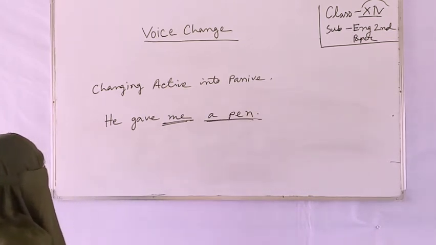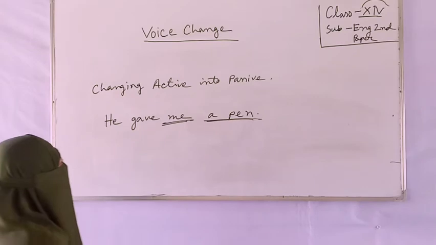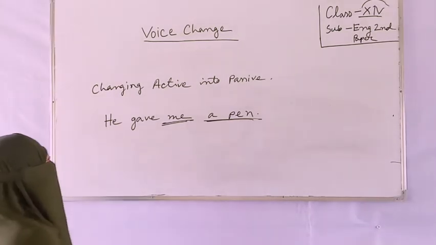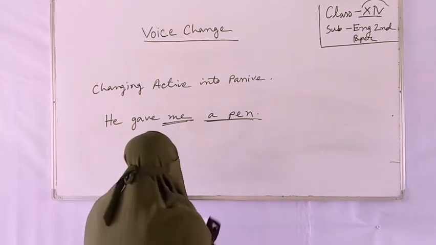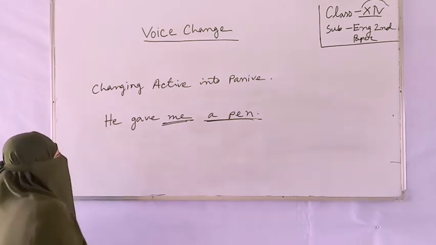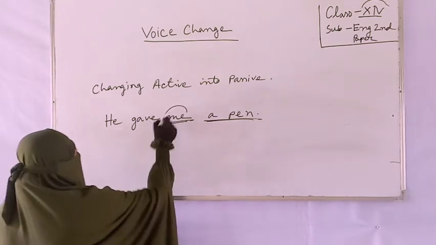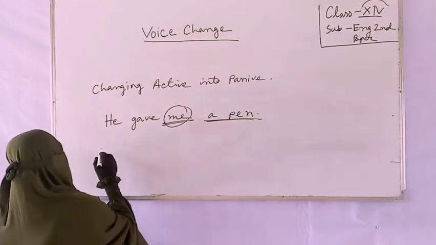See, this is an object and this is another object. And in my rule, I mentioned that any one of the objects we may use as subject. We may use me or a pen. And I have mentioned that preferably the personal object is used as subject. So me is the personal object. I can use it as subject.